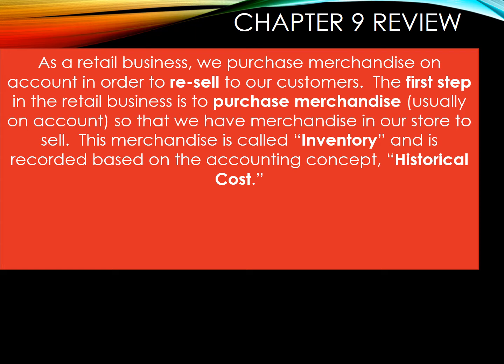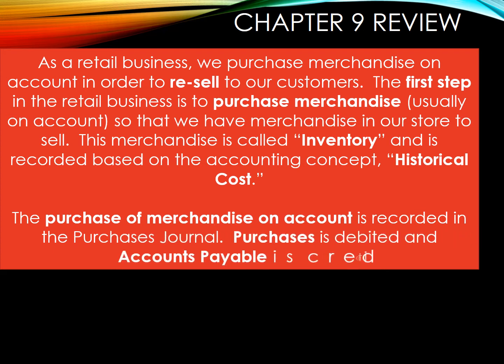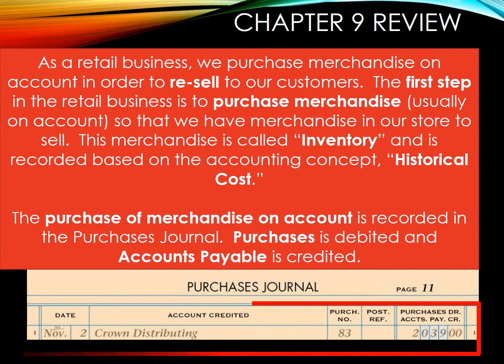This merchandise is called inventory and is recorded based on the accounting concept historical cost. The purchase of merchandise on account is recorded in the purchases journal. Purchases is debited and accounts payable is credited.